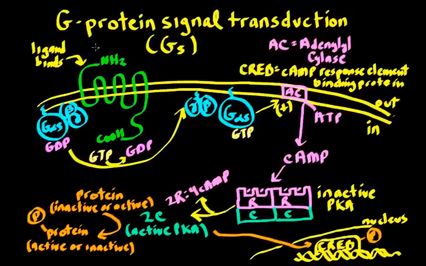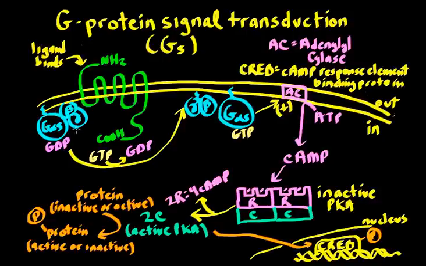Okay, and you can see here that we have a 7-transmembrane spanning receptor with the N terminus on the outside of the cell and the C terminus on the inside of the cell. Now, the reason why these are called G-protein coupled receptors is that they are going to interact with a guanine nucleotide binding protein.